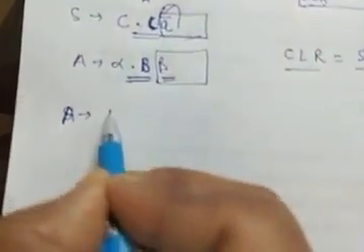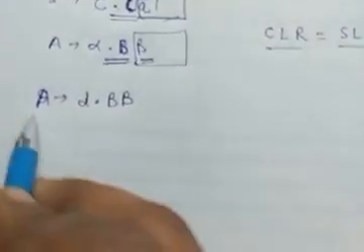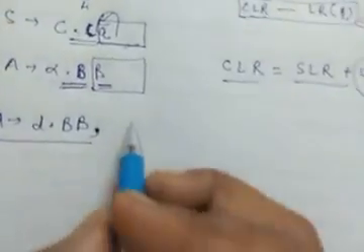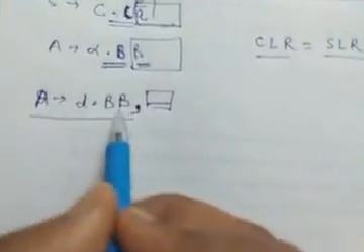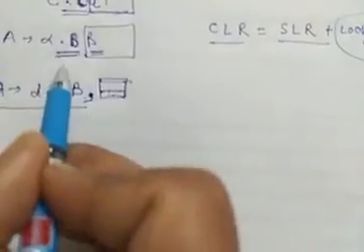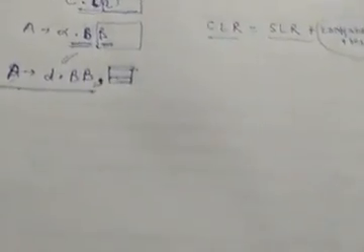If the production is like this in SLR parsing, then in CLR or LR1 parsing we have to find the second element and write it after a comma, and that second element comes from the production from which this production is derived. I will show you by a given example. Let us take the previous example also.